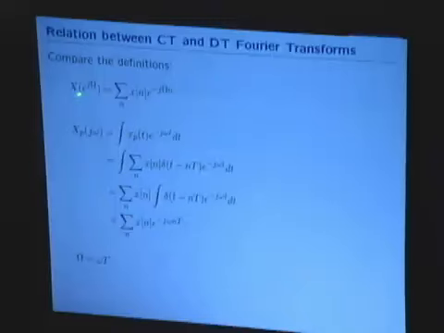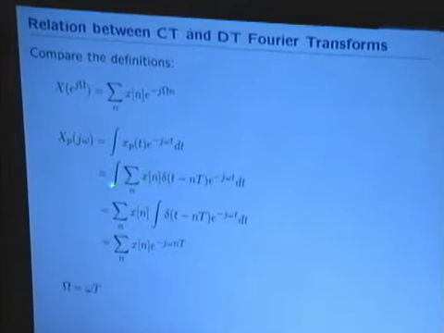All you need to do is look at the definitions. If you look at the definition of the DT Fourier transform, that's this. The CT Fourier transform, that's this. And just remember that we formed this thing by samples of that thing.